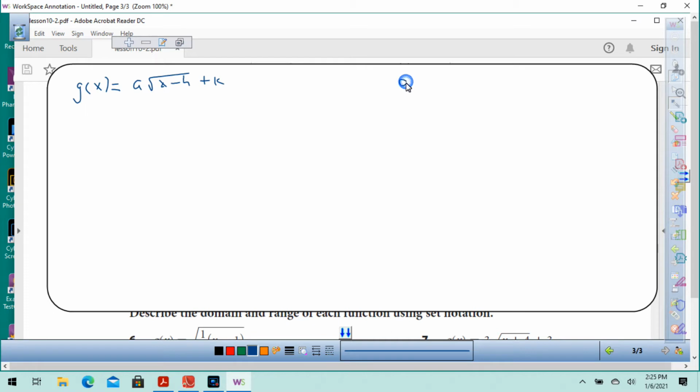Or you might see it as g of x equals the square root of 1 over b times x minus h plus k.